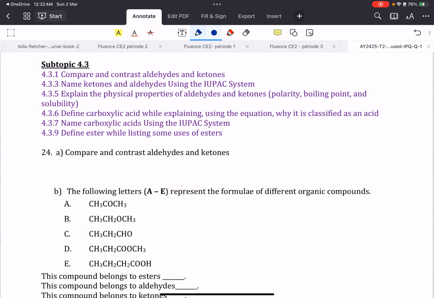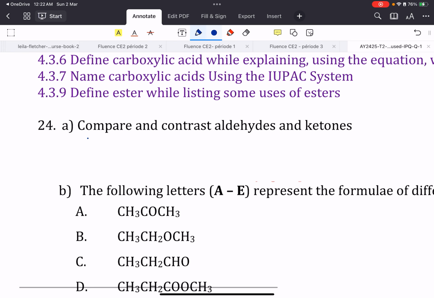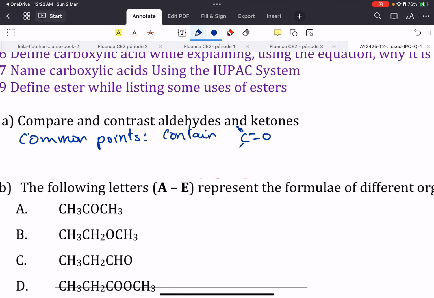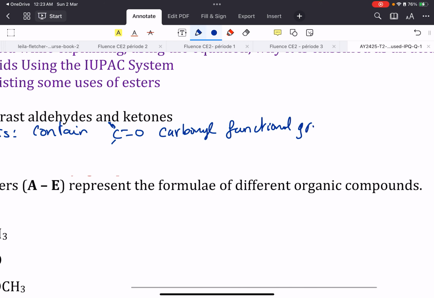So aldehyde, common points: contain carbonyl functional group.